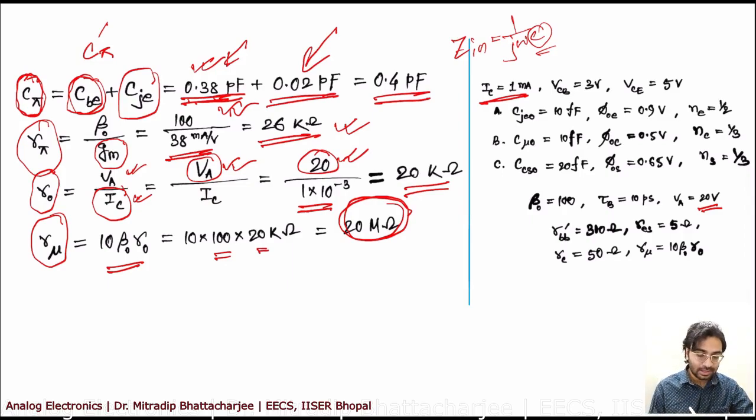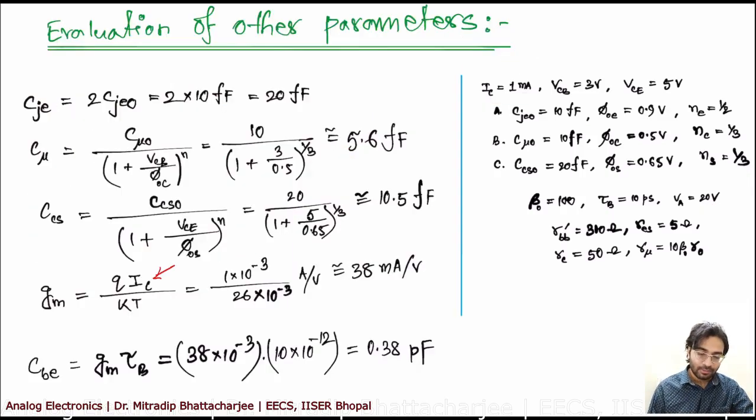So these 2 slides that I have shown are very important from different examination perspective, competitive examinations perspective, from understanding perspective, to get some idea about typical values of the circuit parameters, which is also important. What is the value of CJE, C mu that you will get?